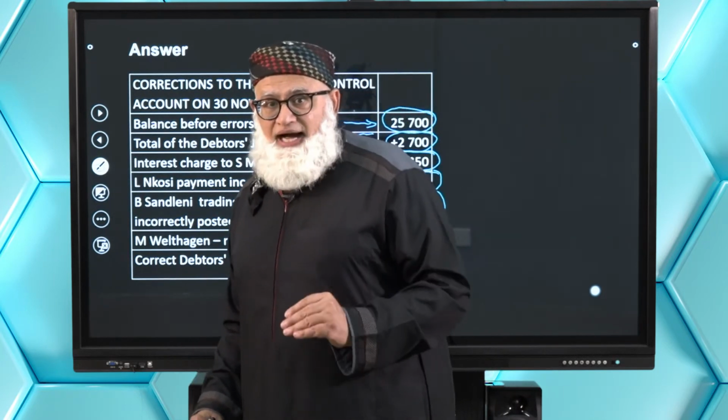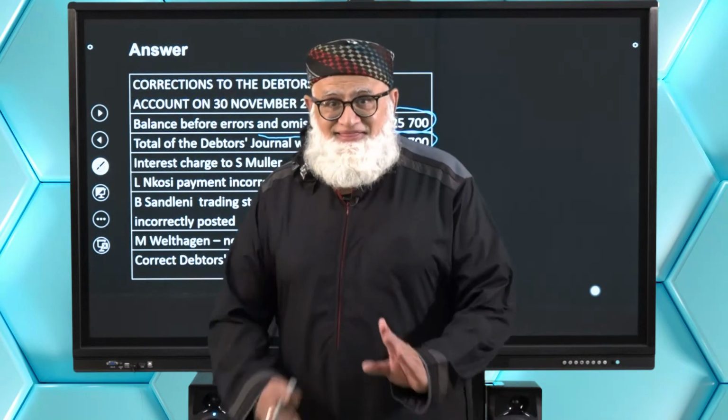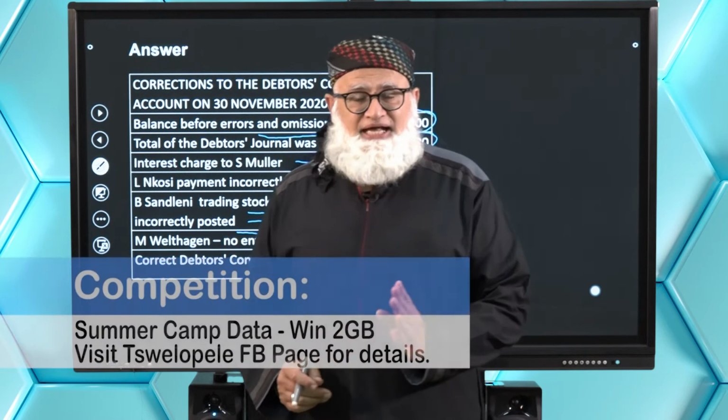With regards to the control account, my entry is a debit to debtors control, a credit to sales. Therefore, we now take all these transactions here, and what do we have? The correct control account balance is 28,450.